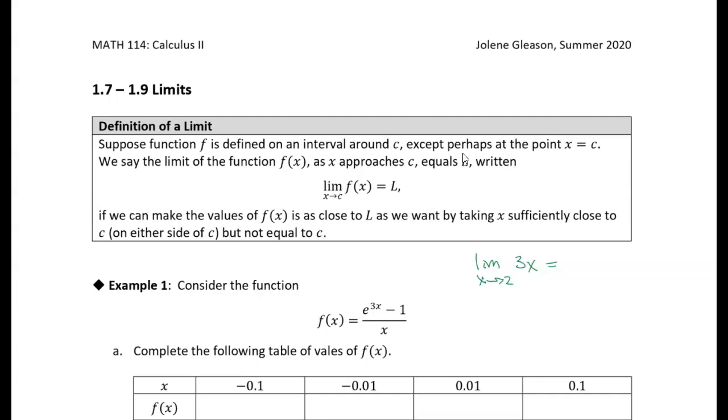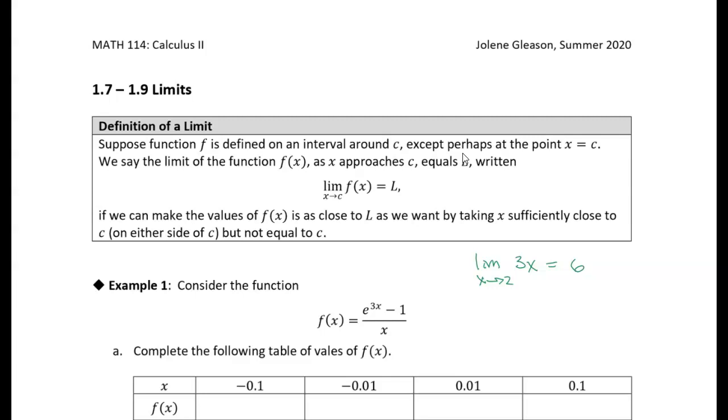We could try 1.9 and then 1.99 and 1.999. Or we could go the other way. We could do 2.01 and then 2.001, and we could sneak up on it. And either way, from either the right or the left, you'll see that this limit approaches 6. And in this case, we could actually just evaluate 3x at 2 and get 6.